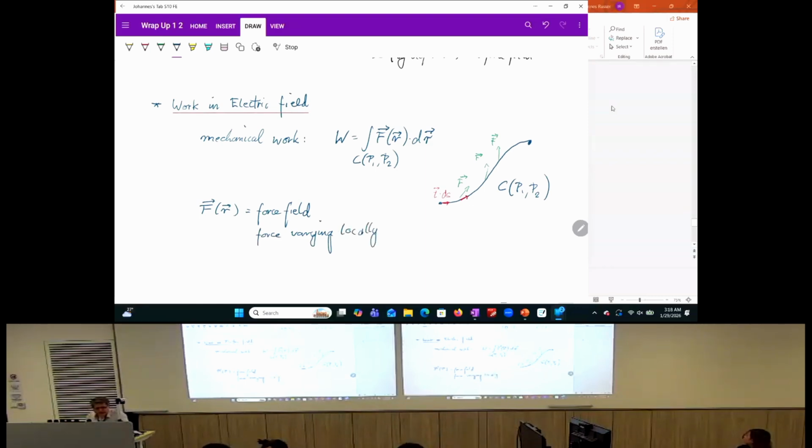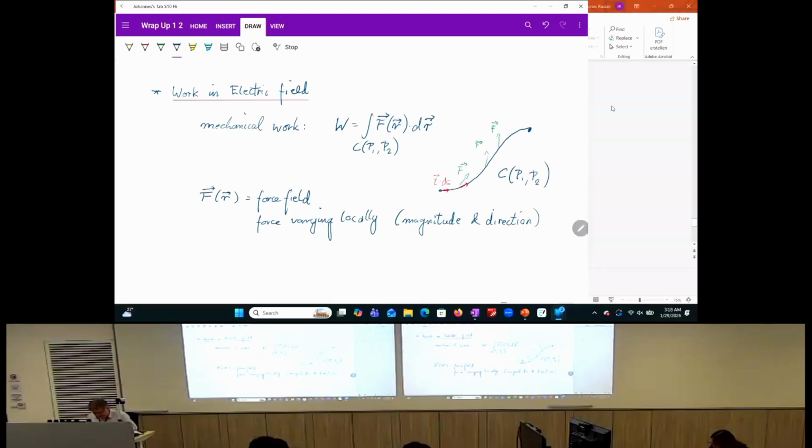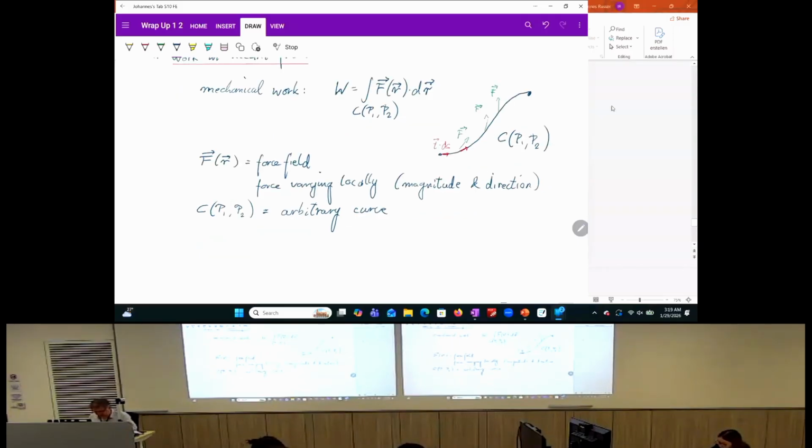That means it is varying both by magnitude and by direction. The curve that we choose for integration can be arbitrary. And we calculate then the path integral, or respectively a curve integral.